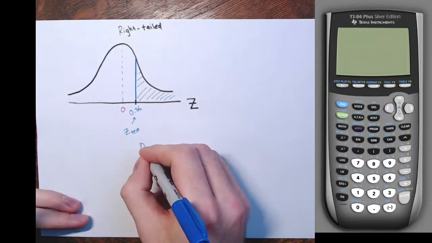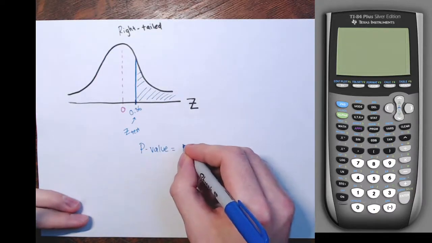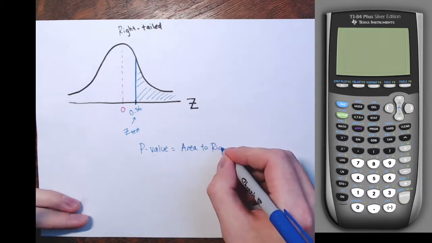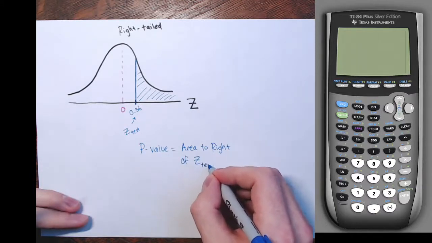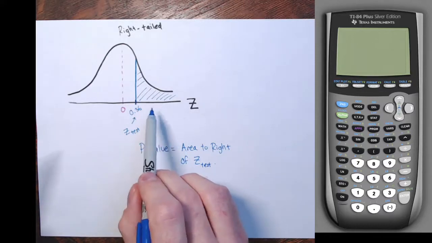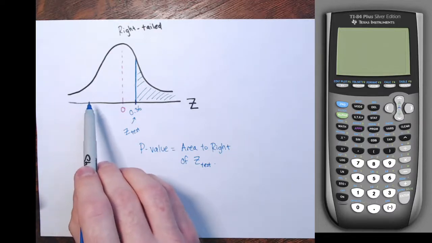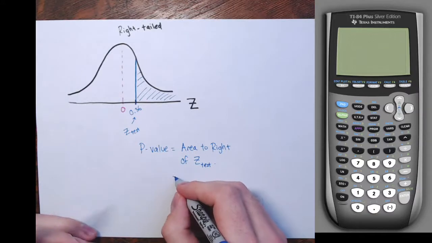The p-value in a right-tailed test is simply the area to the right of the test statistic. And in a left-tailed test, it's the area to the left. And in a two-tailed test, it was either the area to the right doubled, if you were to the right of the mean, or the area to the left doubled if you were to the left of the mean.